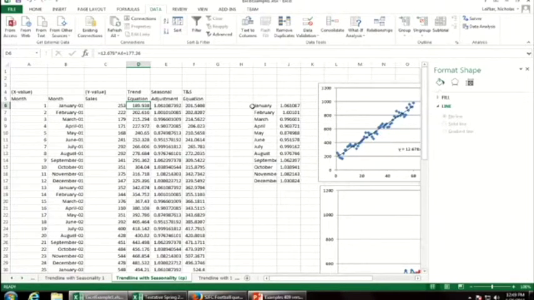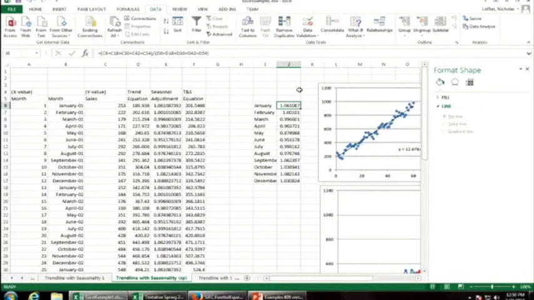And we compare these actual results to our forecast, to our trend line. And we see that for January, we're a little higher than normal here. Same way, January, we're a little higher here. And what we do is we calculate the percentage that our actual results are above our forecast.